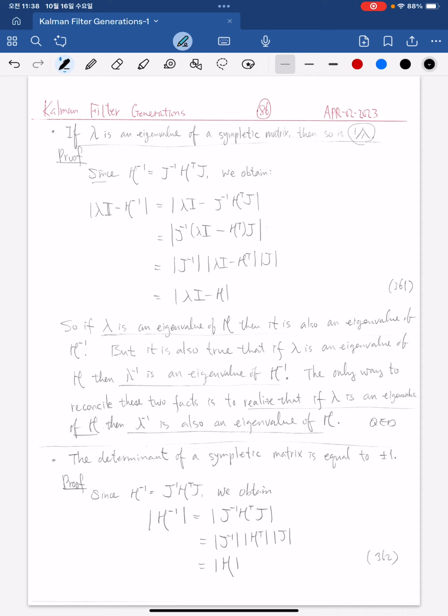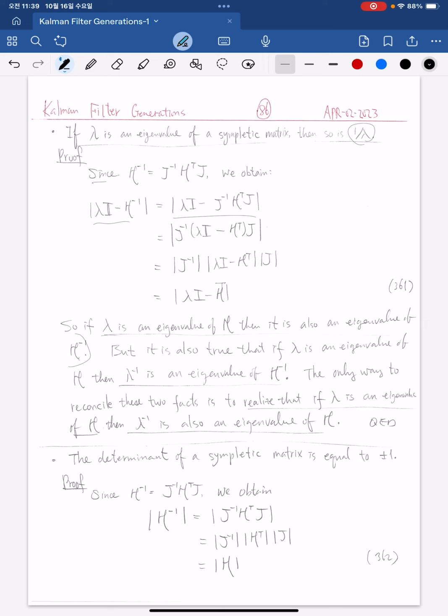Since H inverse equals J inverse H transpose J, we obtain, 하면은 이렇게 쭉쭉쭉쭉 해서 이거는 이거 같죠. So if lambda is an eigenvalue of H, then it is also an eigenvalue of H inverse.